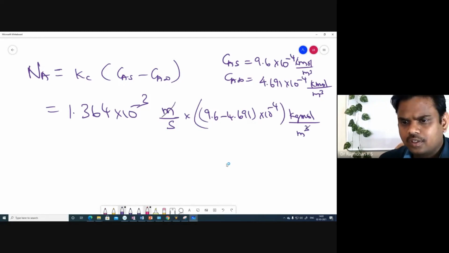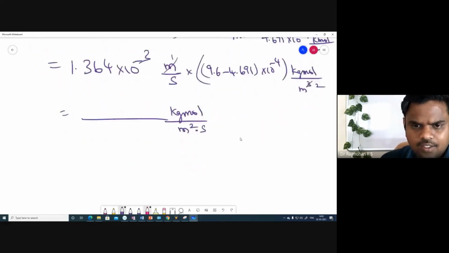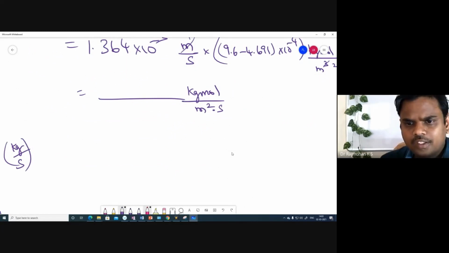So we get the answer in kilomoles per meter square second. Okay, so here the question is what is the flux in terms of kg per second. So for that, what we have to do is multiply this by area into molecular weight.